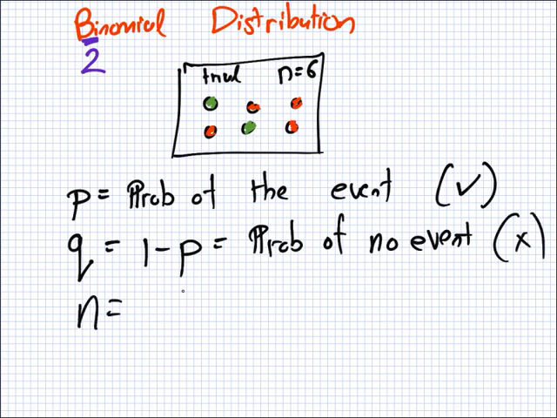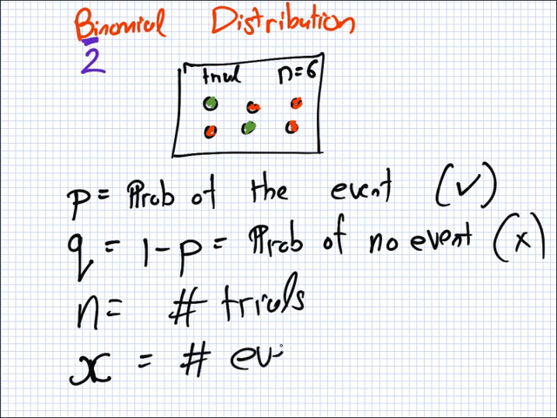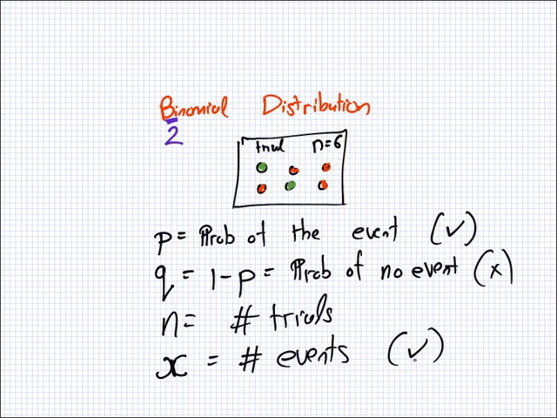N is the number of attempts, or the number of trials. And x actually, I'll use x because I think x is in the formula book. X is the number of events, the number of successes that you want to calculate for.